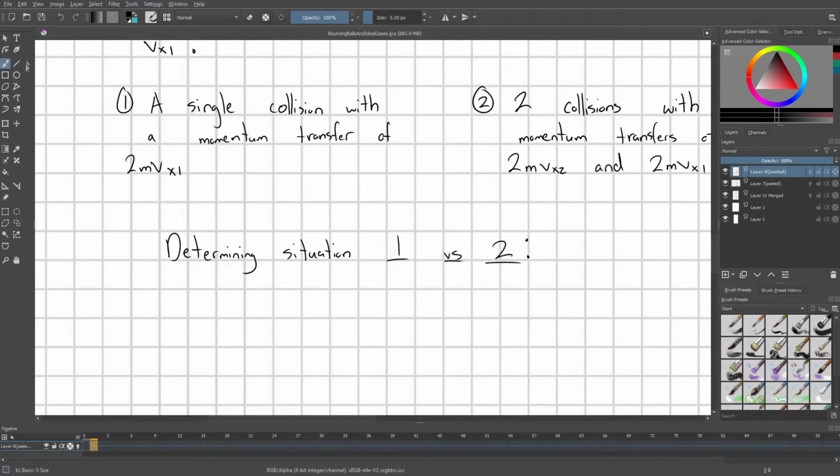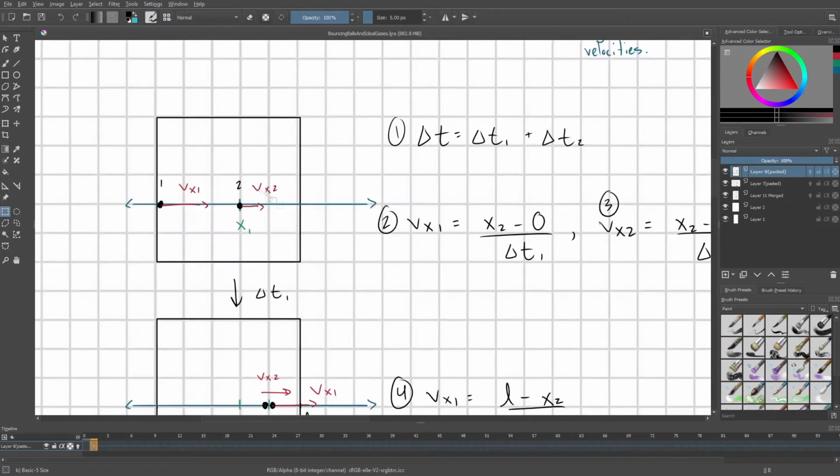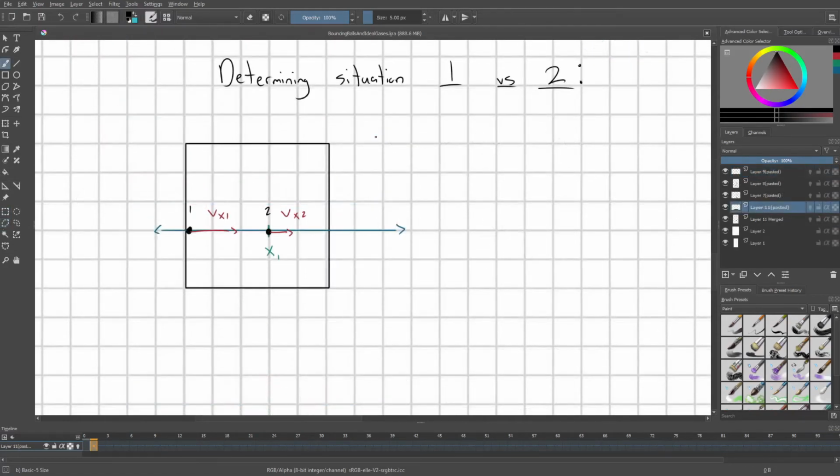Okay, let's go ahead and draw our picture. Actually, let's go ahead and just use this guy right here. Now, I'm going to define two different possible times here. Let's call something delta t, let's call something delta tw.